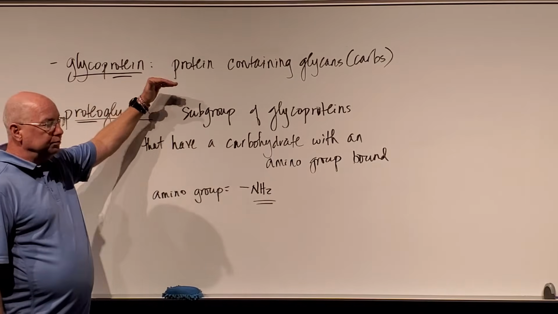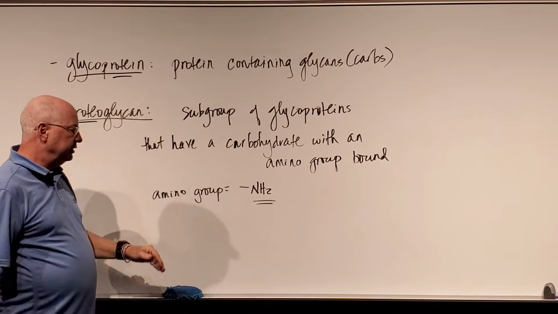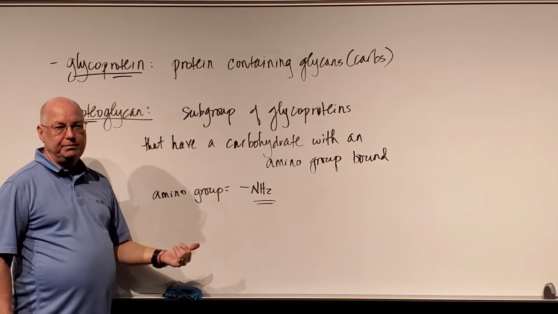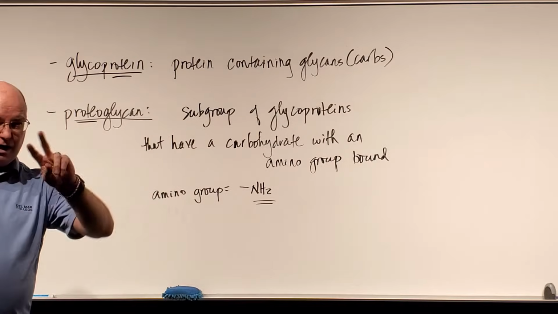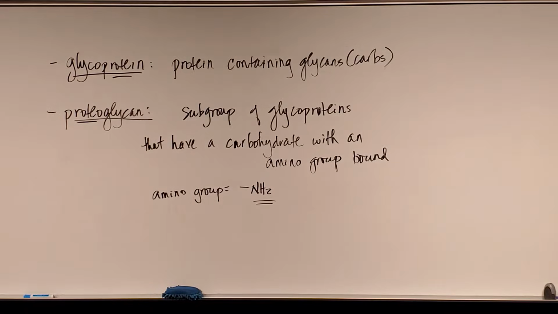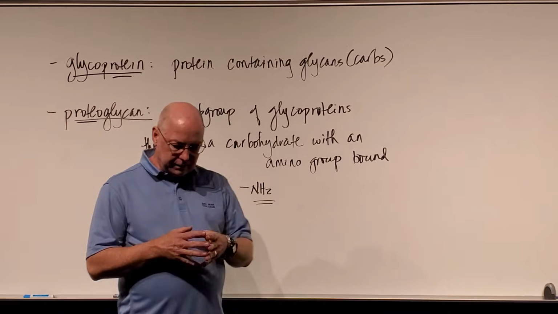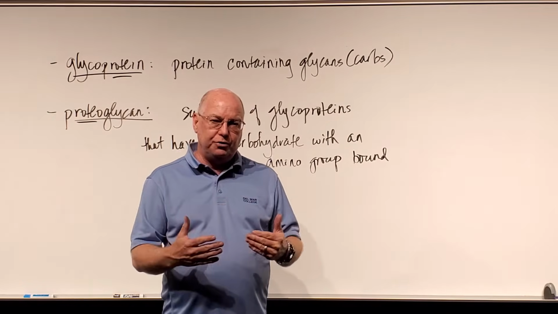But there are glycoproteins where we have sugars and proteins associated with each other, where the sugar does not have an amino group associated with it. It's just a sugar associated with a protein. I know that's a little confusing and very closely related, but nonetheless, those are two of the definitions that you need to know.